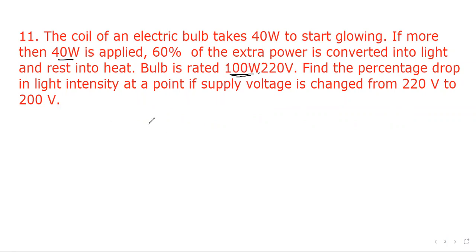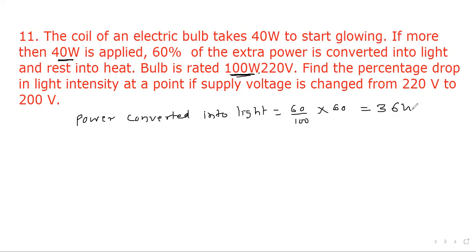And then the power converted into light is 60% of the power exceeding 40 watts. So here, this is 60 watt, 100 minus 40. So that will be 36 watt.